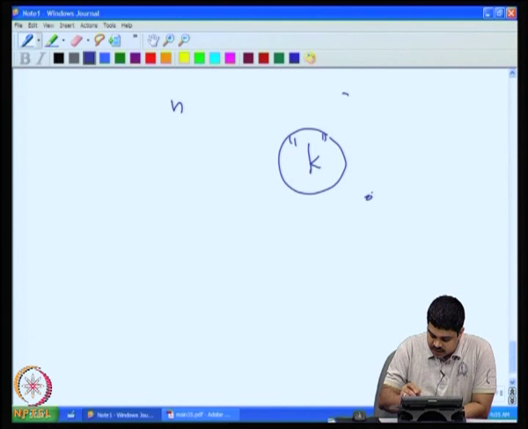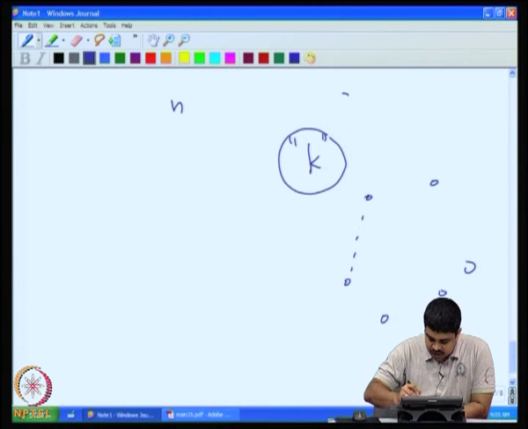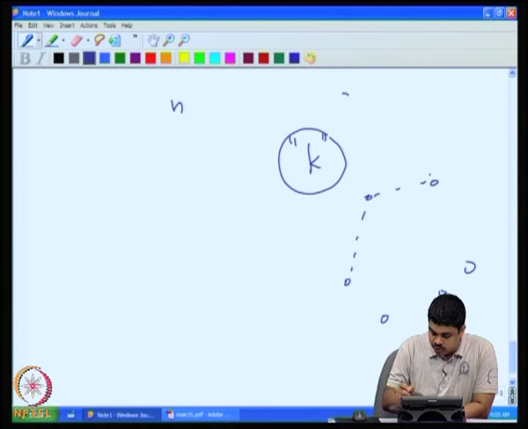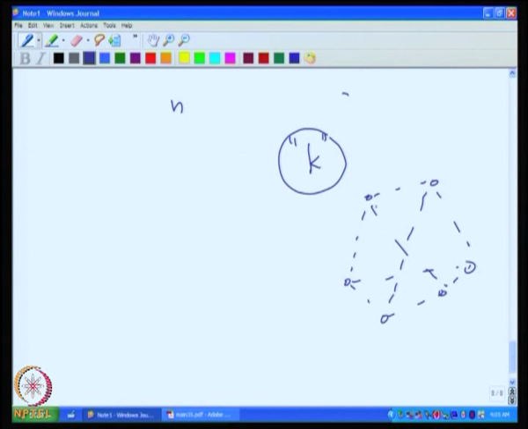If these are the k vertices, this edge should not be present, this edge should not be present, and so on. None of them should be present. That means there are k choose 2 edges, and none of the k choose 2 edges should be present.